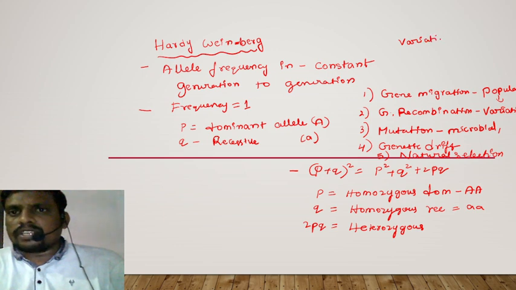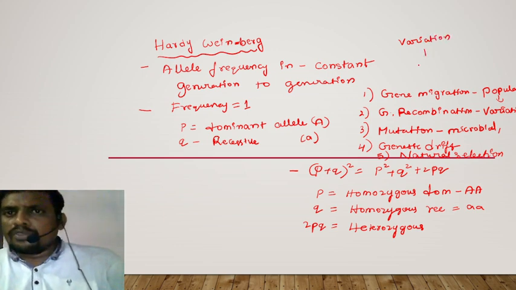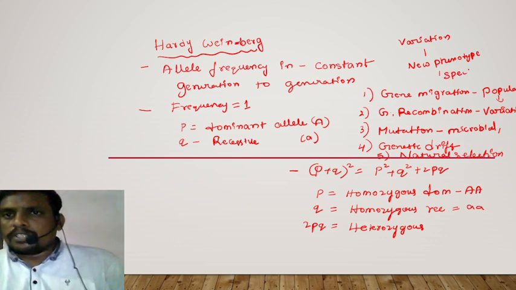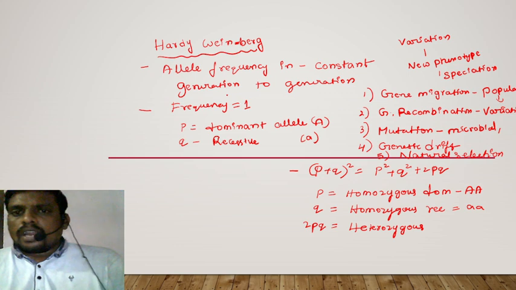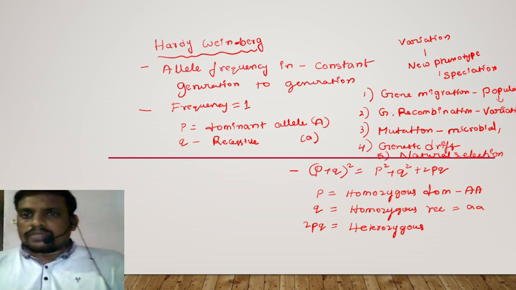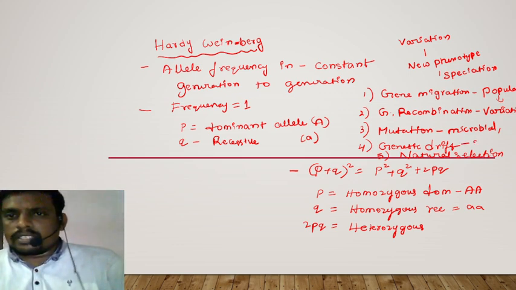The number of variations increases, giving a new phenotype. The new phenotype causes formation of a new species, which leads to speciation. Understood everyone?